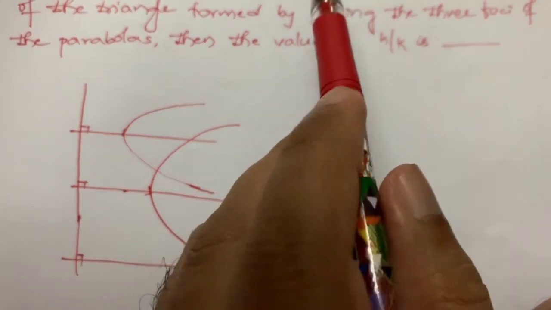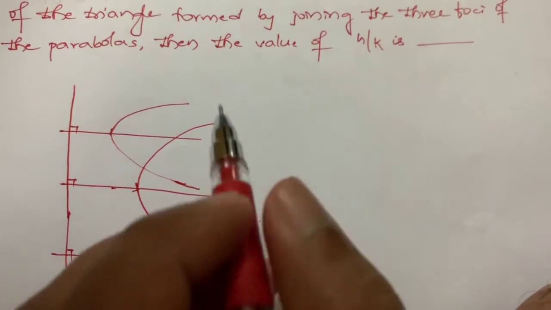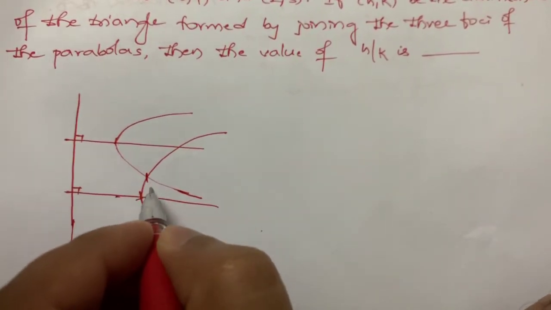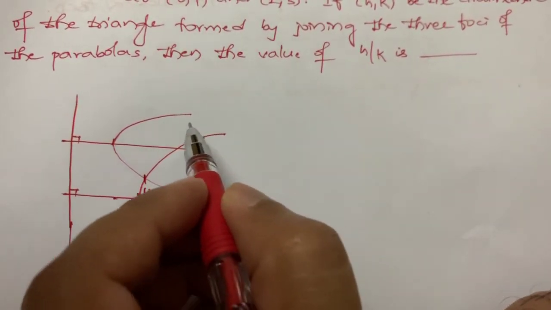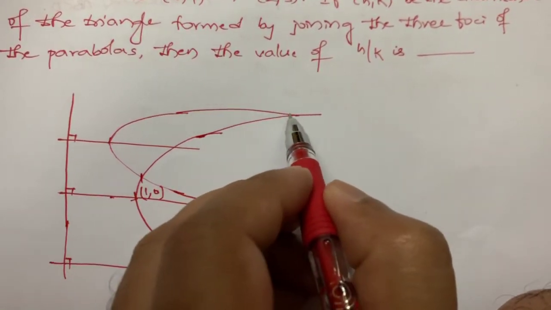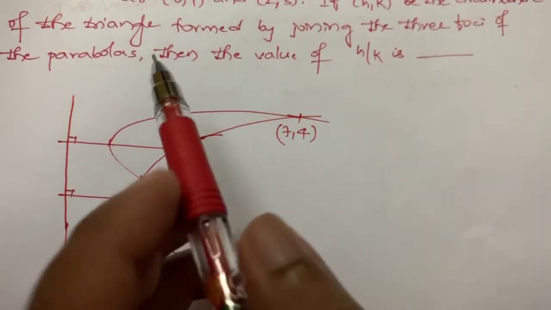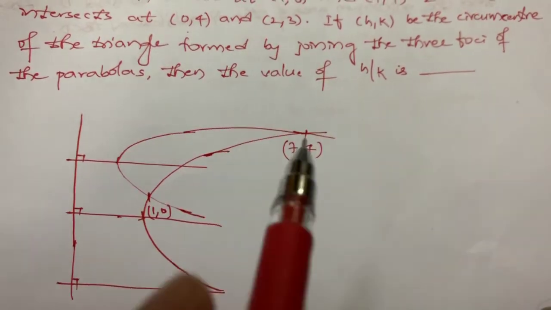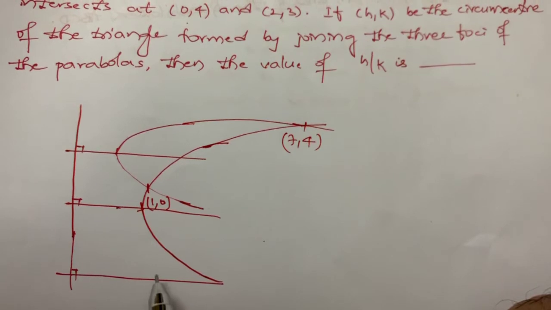So what they are saying is the first parabola and second parabola are intersecting at (1, 0) and (7, 4). So (1, 0) and the second point of intersection, let us say if I extend this, (7, 4). And the second parabola and third parabola are intersecting at (0, 4) and (2, 3).